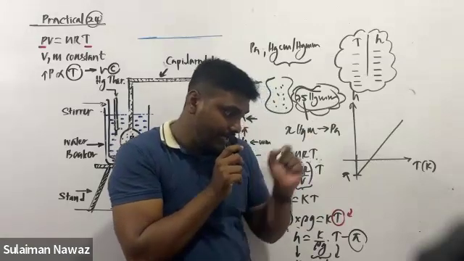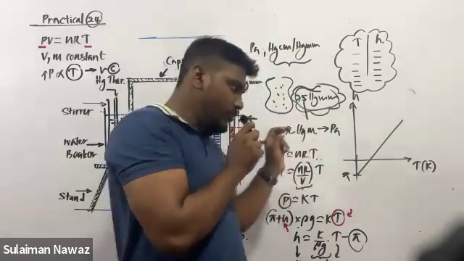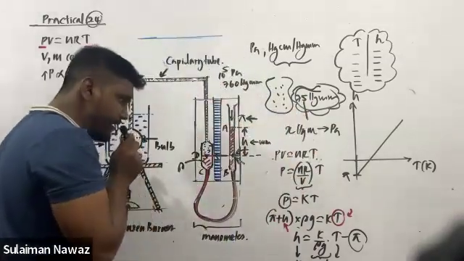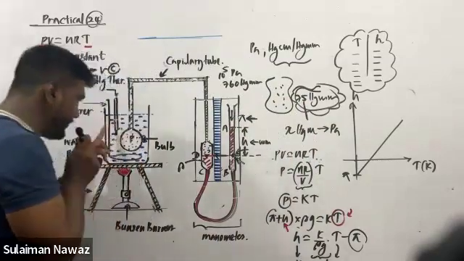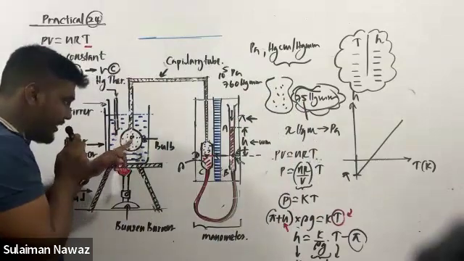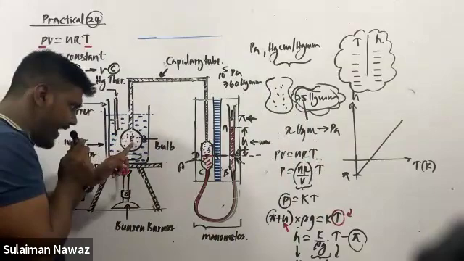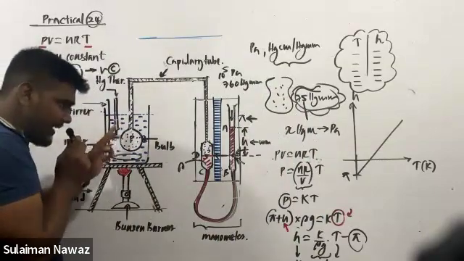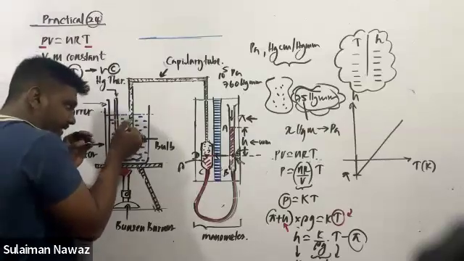Okay. Now what they are saying, in order to ensure the temperature of the bulb, the temperature of the air and the temperature of the gas and the thermometer reading are the same, to ensure whatever reading is shown in the thermometer, the same temperature is inside the bulb.